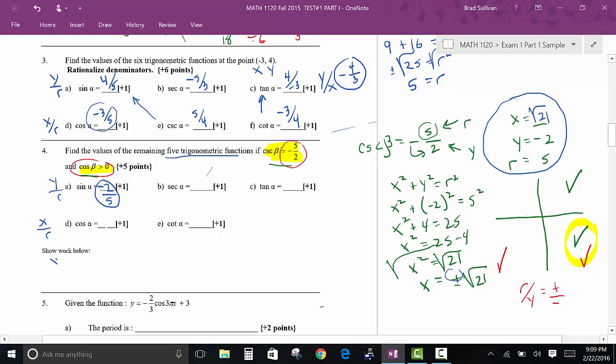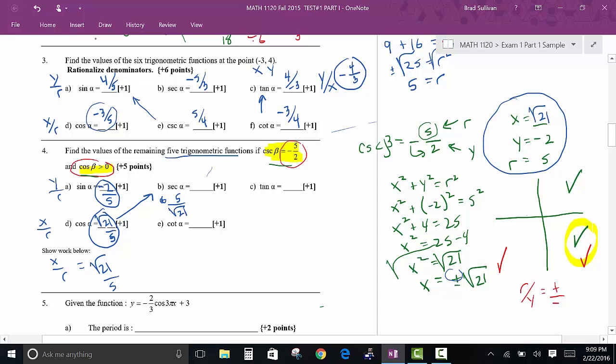Okay, so if we do x over r, we're going to get square root of 21 over 5. So that gives the value of that. Okay, now we can go ahead and find the secant, because the secant is just the reciprocal of that. So that's going to give 5. Okay, that's supposed to be 5 right there. So it's 5 over square root of 21.